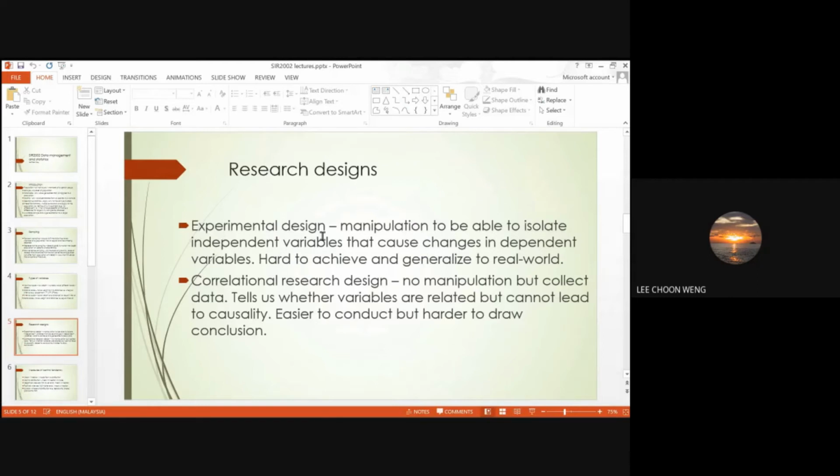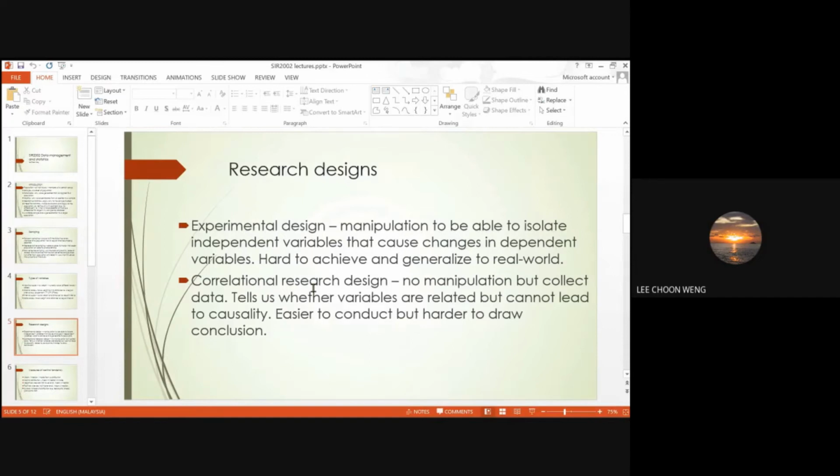For example, you can change the temperature and look at how the bacteria grow at different temperatures. Then you can infer how the temperature affects the growth rate of the bacteria. So you're manipulating the temperature as a variable that causes a change in the bacterial growth rate.